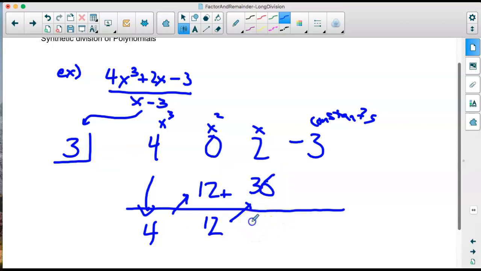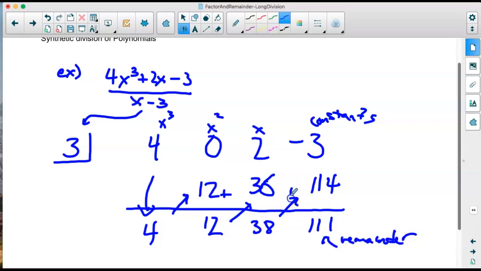Add, 38. Multiply again, 8 times 3 is 24, 9 times 3 is 114. And then we add, we get 111. So this is our remainder.